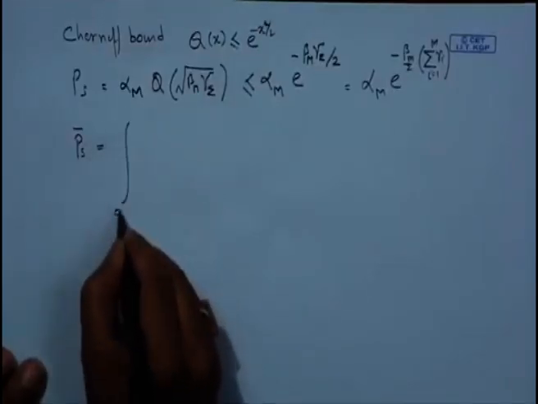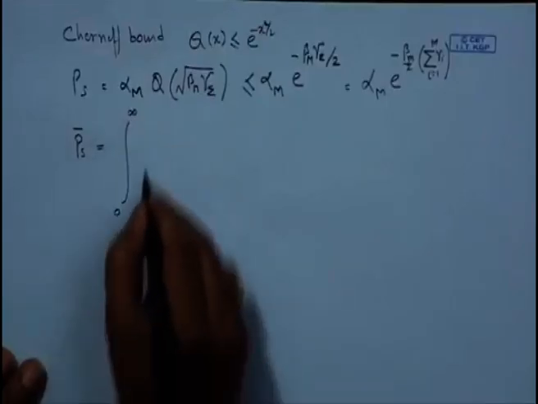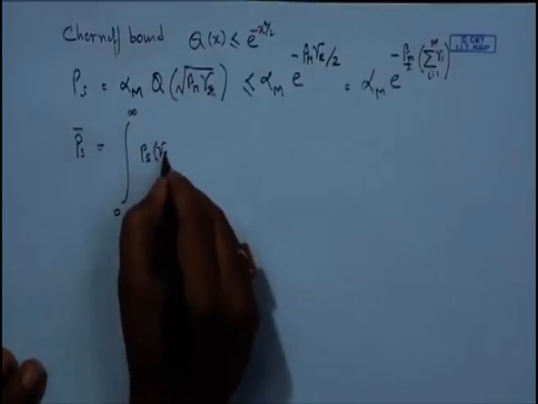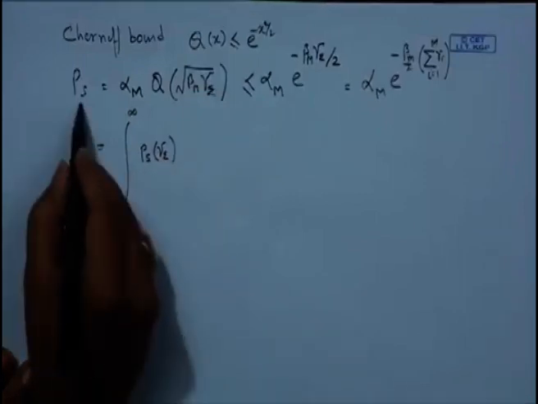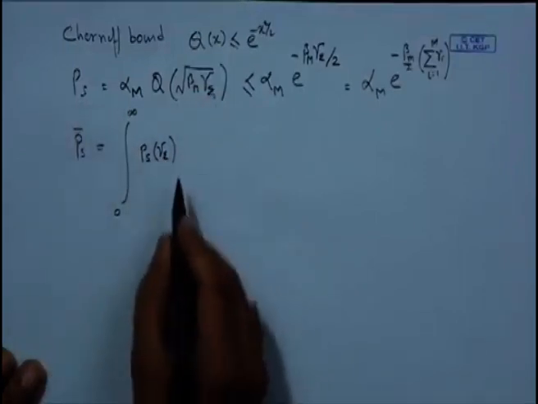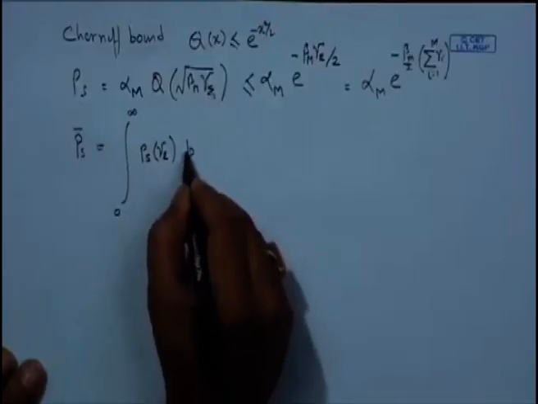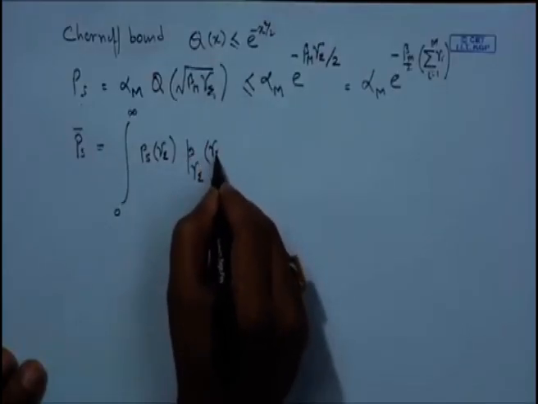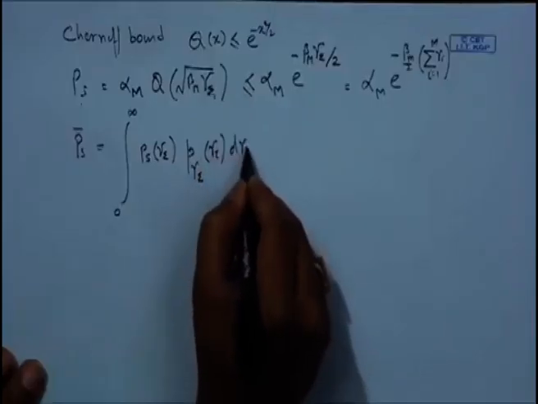To do that, it is the integral from 0 to infinity of the symbol error probability as a function of gamma sigma, times P, the probability density function of gamma sigma, d gamma sigma.